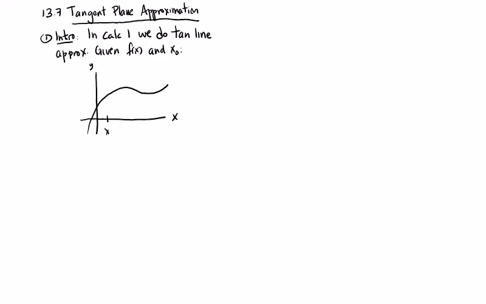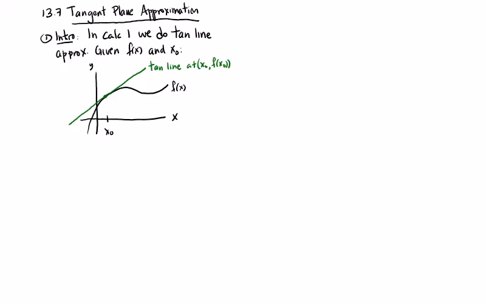Maybe here's x0. If you draw the tangent line at x0, that will look like this. This is the tangent line at x0. Technically, it's at x0, comma f of x0, because that's the y value. Keeping in mind this is f of x. This is the graph of f of x.